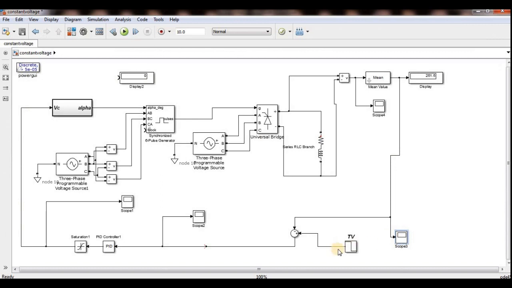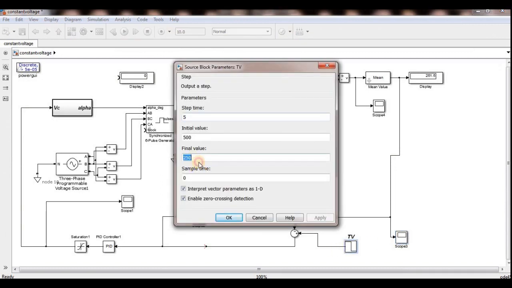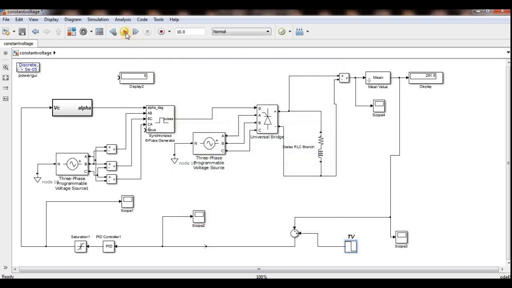Now again I will change. See, now I want only 200 and initially I want 450. So now run it. Let me see how it will perform. This is the actual output and this is the mean. We are giving the actual output to the load, not the mean, because mean is only for our measurement purpose.